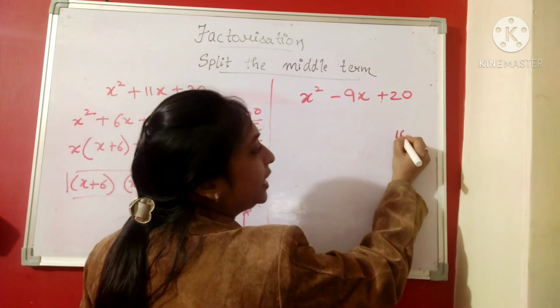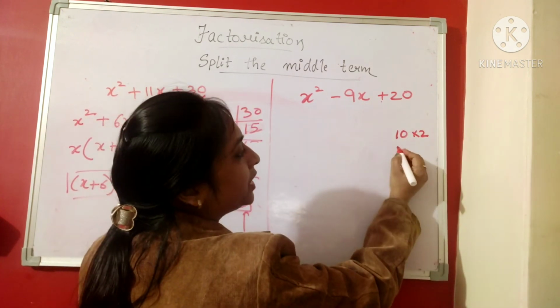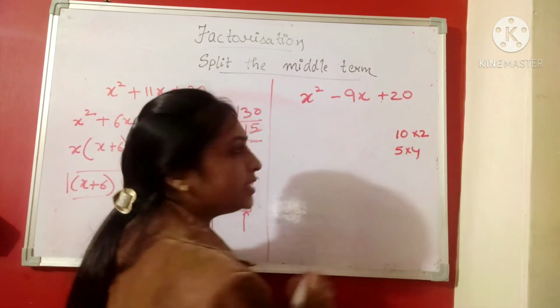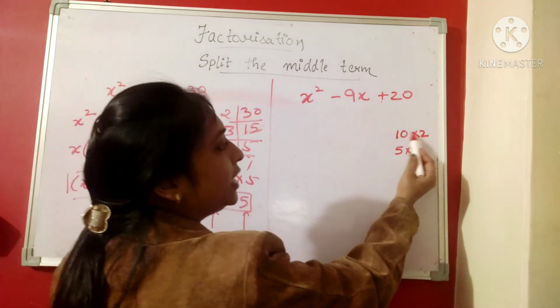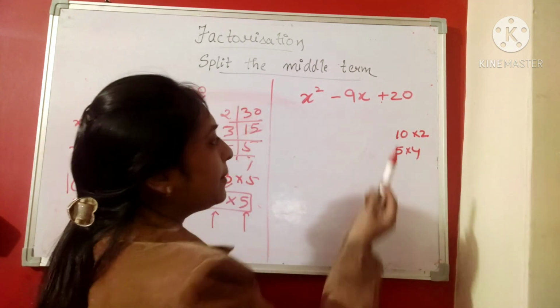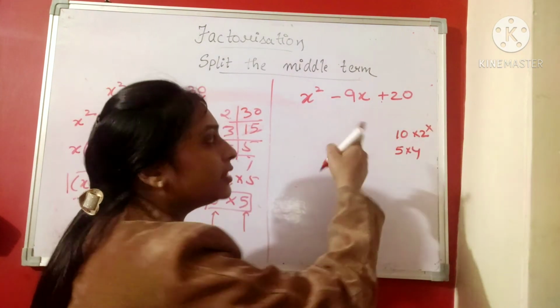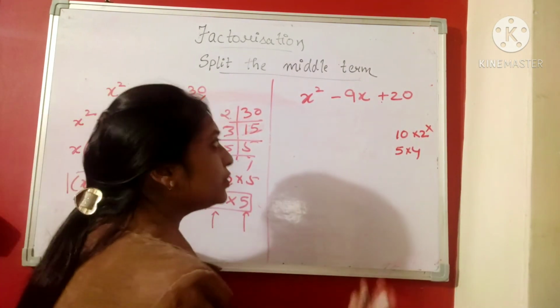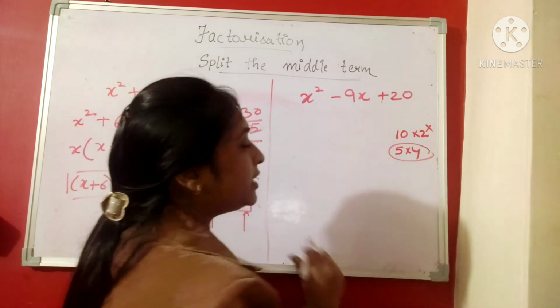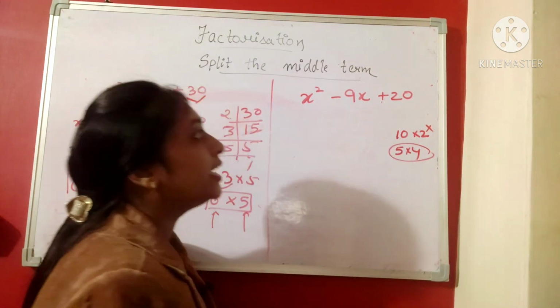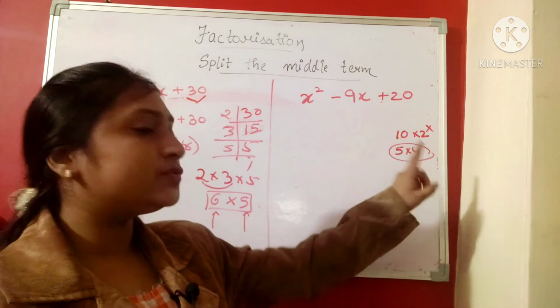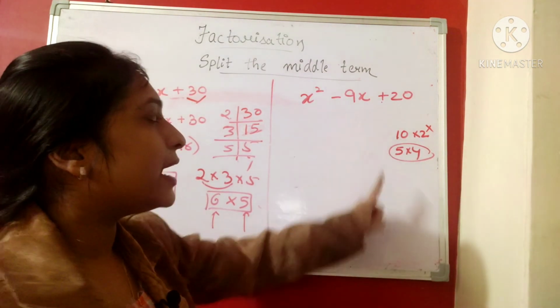So 10 twos are 20 and 5 fours are 20, right? So 10 twos are 20, very correct, but the addition is 10 plus 2, 12, which is not satisfying our condition. In another case, 5 fours are 20, the addition should be minus 9, so 5 plus 4 is 9, but we want minus 9.